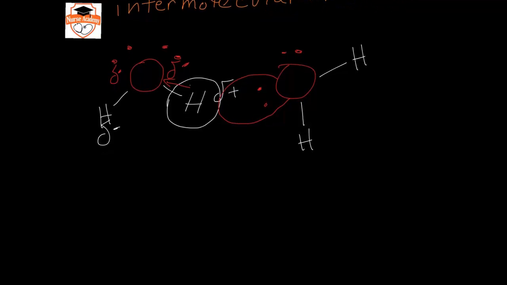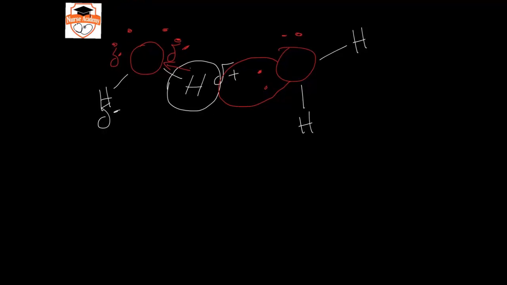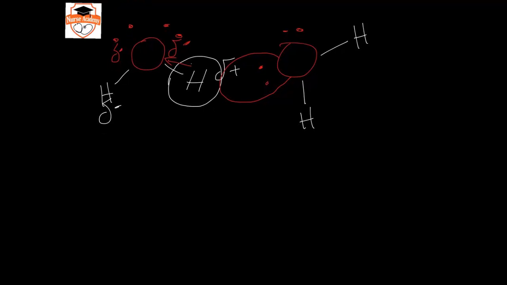Beyond this hydrogen bonding causing ice to float on top of water, it also means that compared to other liquids, water has a high boiling point and it has a high surface tension and it has wonderful dissolving power for biological molecules, which also have the potential for hydrogen bonding.